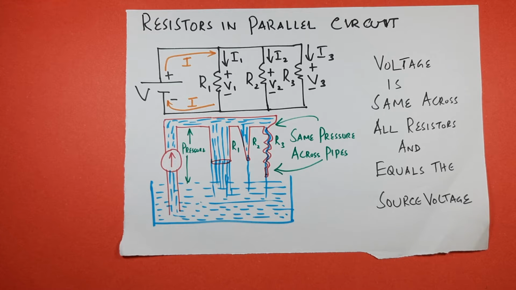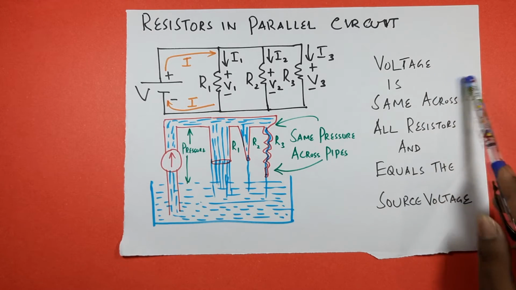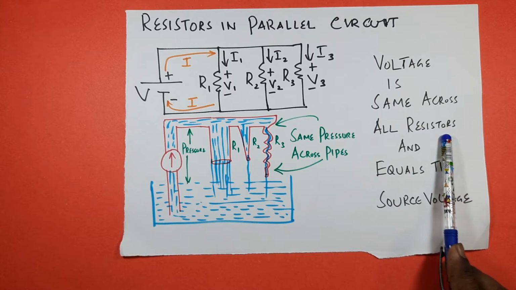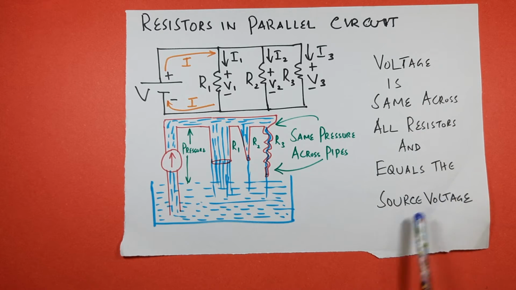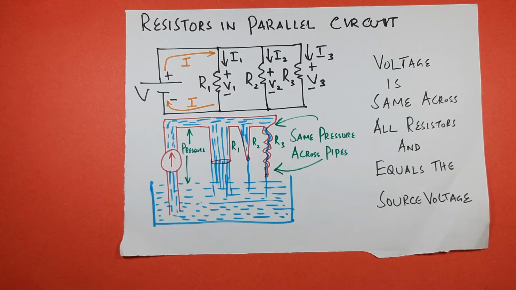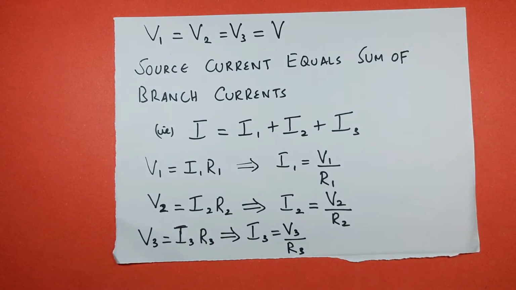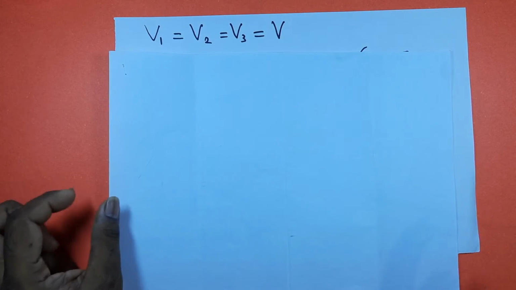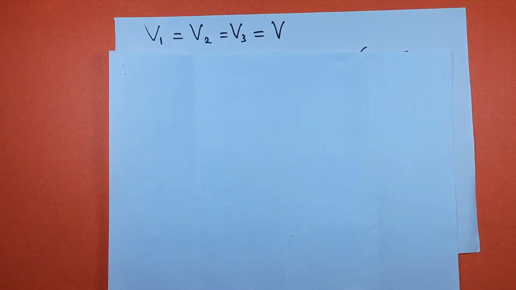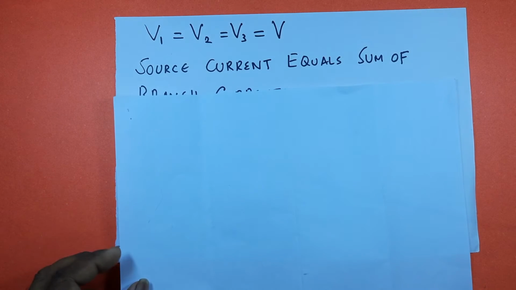In a parallel circuit, voltage is the same across all resistors and it equals the source voltage. So we can write mathematically, V1 equal to V2 equal to V3 equal to V.